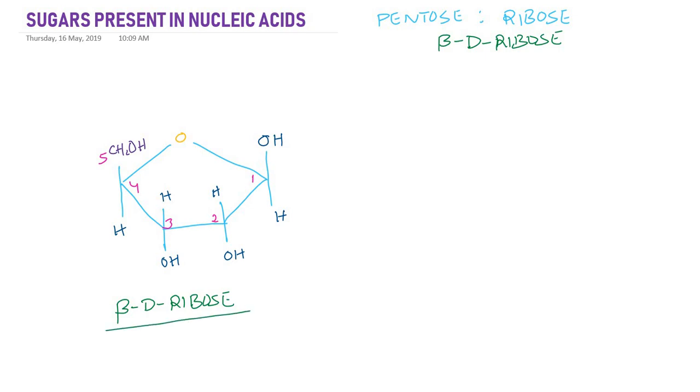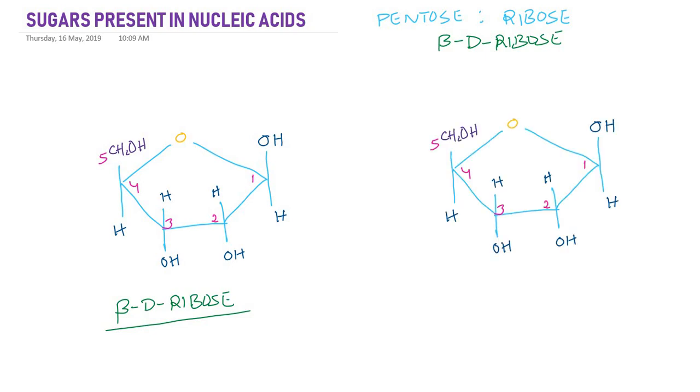So as I said earlier, the sugars could be beta D ribose or beta D deoxyribose. So in deoxyribose, the second carbon atom, the hydroxyl group, the oxygen is missing here. Only there will be hydrogen. So in the second carbon atom, there will be hydrogen without oxygen.